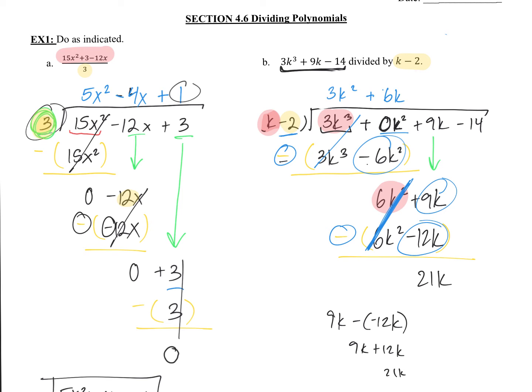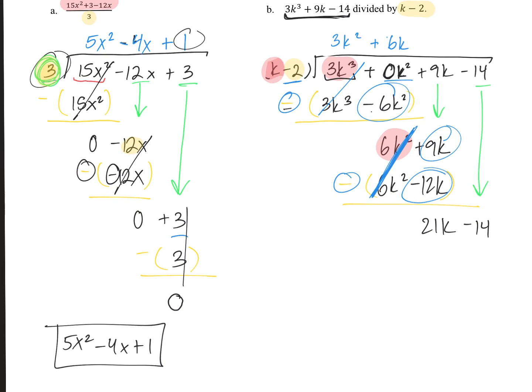All right. And we're not done yet. We still need to bring down that negative 14 for the last cycle. It's the last item to bring down. And then, oh, we're almost done. Okay, so bringing down that negative 14. Please remember the signs. That's important. All right, setting up for subtraction.